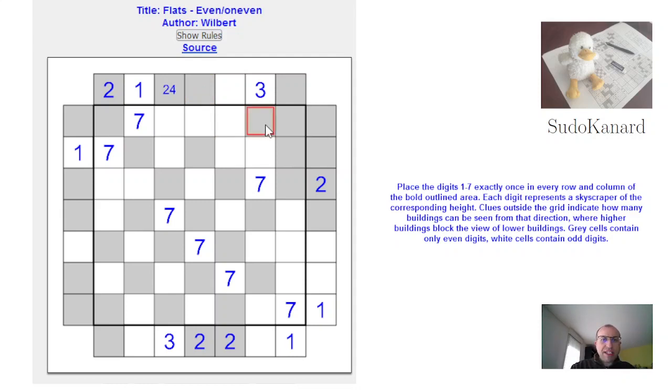For the same reason, 6 doesn't work here. This would have to be a 3. So on this row, 6 could be here or there. And perhaps I will start pencil marking those cells with a 2 or a 4. 6 here would not work for that.